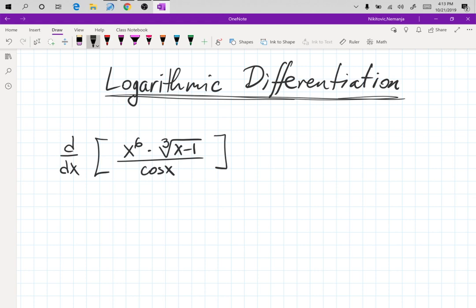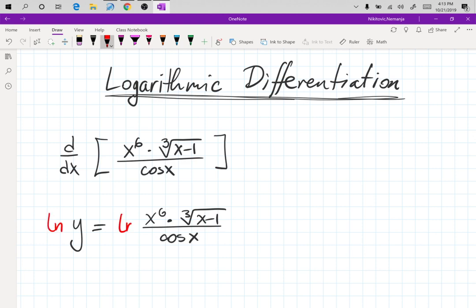So the way this works is you write y equals, leave some space, and then you have your x to the 6 times the cube root of x minus 1 divided by cosine x. Now, why did you leave the space? To write in the log, exactly. So that's where the ln kicks in. And now you see why you need to be able to expand, right?